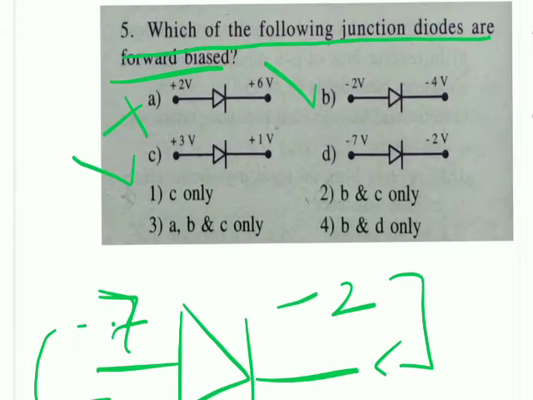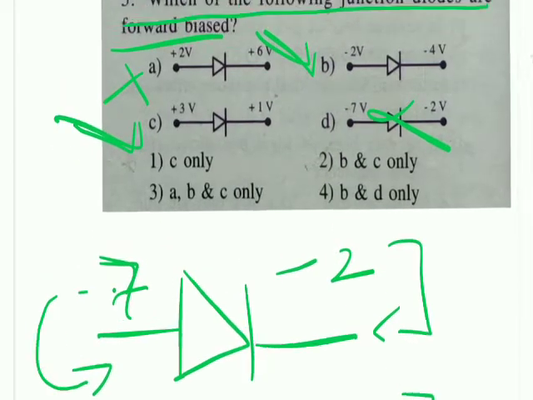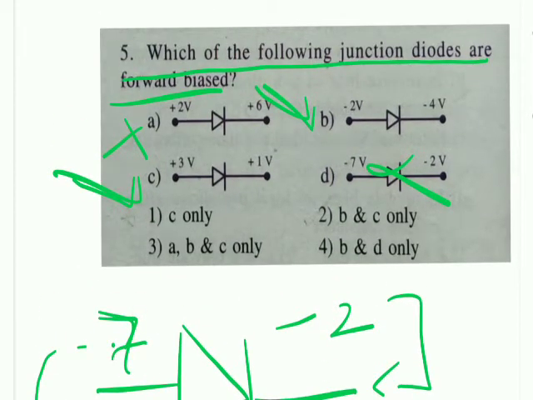Nothing but option D is also wrong. Here the correct options are B and C. Finally, our answer is B and C, option 2 is our answer.